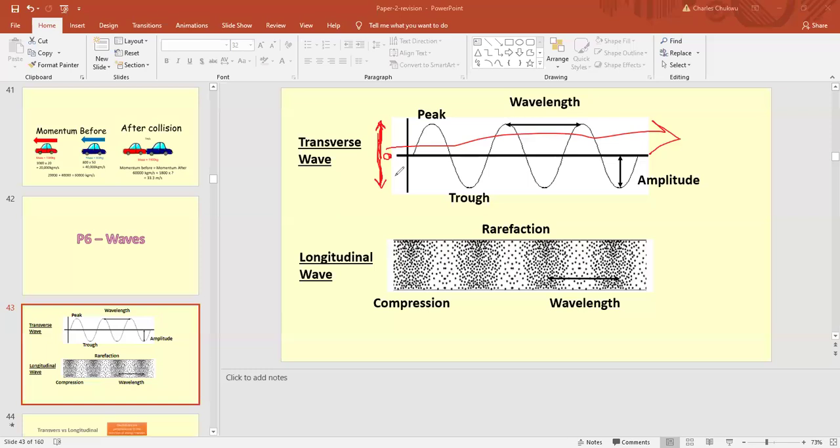So if you are asked what kind of wave would be caused by a pebble landing inside water in a pond or in a swimming pool, whatever is the case, that ripple effect is a transverse wave. Okay, just remember that it's a transverse wave. Why? Because the direction of vibration is perpendicular to the direction in which the wave will travel out.